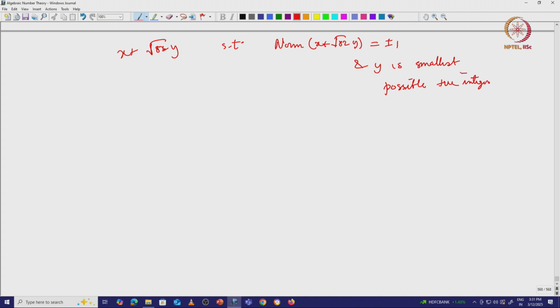In this particular case, what works is x equal to 9 and y equal to 1. If you look at 9 plus square root of 82, its norm is minus 1.